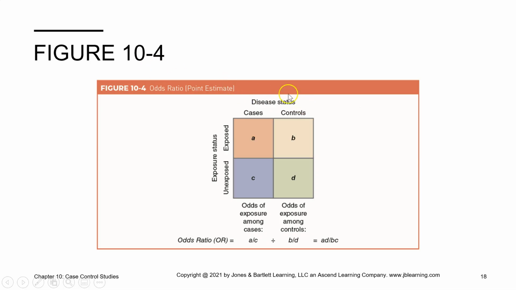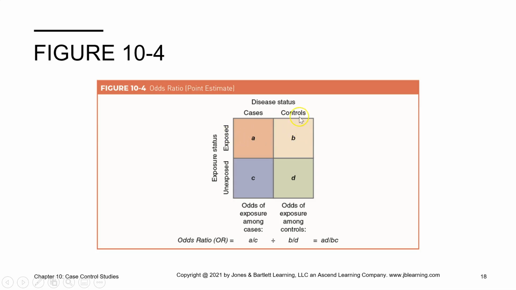Our disease status is across the top. Our cases are the first column. The controls are the second column. Then we have our exposure status in the rows, with exposed and unexposed. So A represents people who are cases who were exposed.